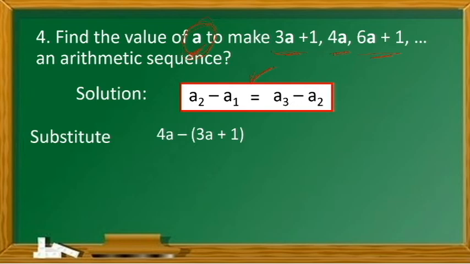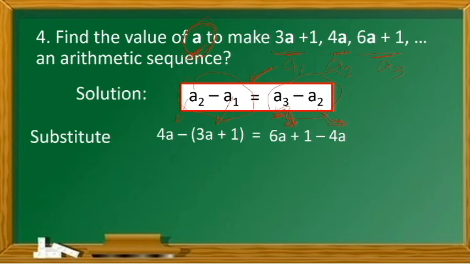So substituting, A sub 2 minus A sub 1 is 4A minus 3A plus 1, equals A sub 3 minus A sub 2, which is 6A plus 1 minus 4A.